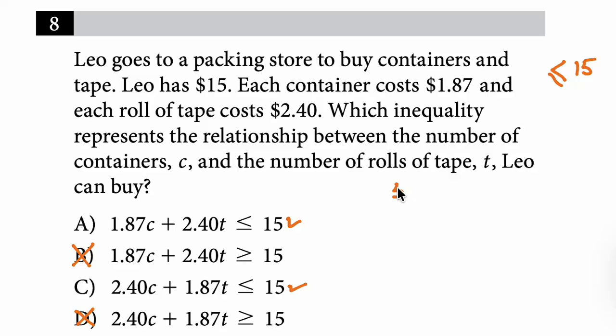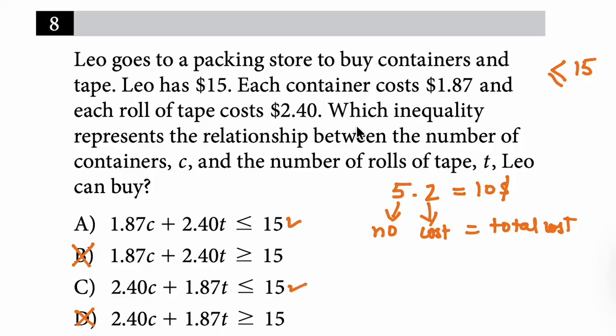Suppose I have to buy 5 chocolates, right? And the cost of one chocolate is $2, so I am going to pay $10 in total. So this is the number of chocolates and this is the cost, and overall I am getting the total cost, right? Now if I compare it with this question, container is C. We don't know how many containers there are.